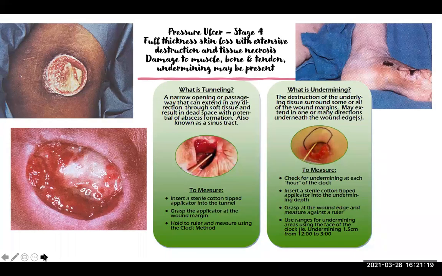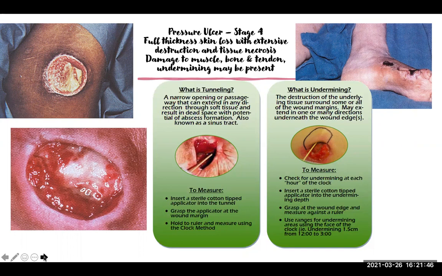And then we have a stage 4 pressure ulcer, which is a full thickness wound that goes all the way down to the muscle, and even bone can be exposed. So in stage 4 wounds, you will see undermining again, the destruction of the underlying tissue surrounding some or all of the wound margins. It may extend in one or many directions underneath the wound edges.